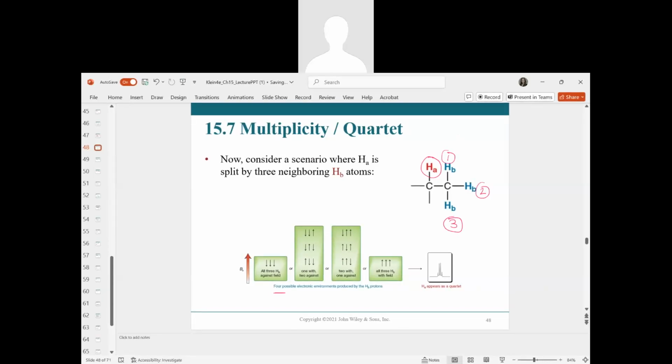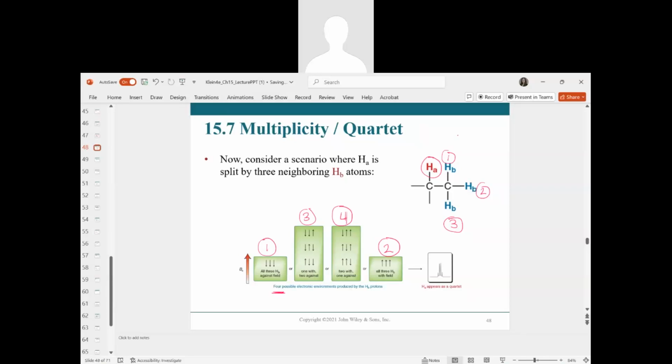So we will end up with 4 possible electronic environments, and you can work through all the scenarios here. We have all against the field. The second scenario, all 3 protons are with the field, and then we can see 2 with, 1 against, or 2 against, 1 with. That would be our third and fourth signal with these various combinations of protons B.